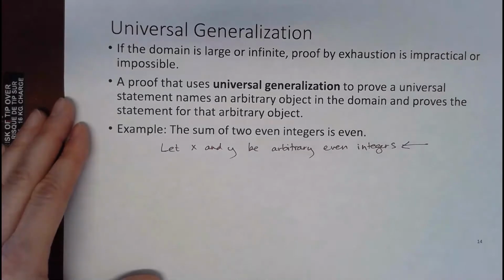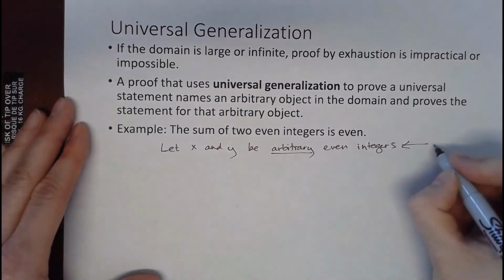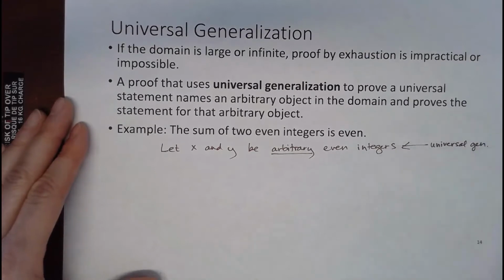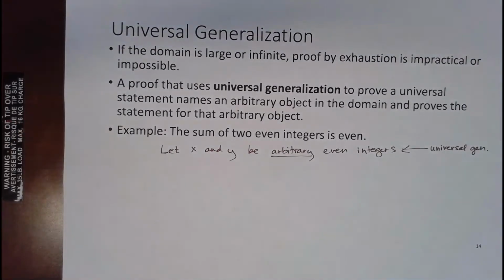When I say that they're arbitrary, this is my universal generalization. There's nothing special. It's not 2, it's not 8, it's not 16. They're just any even integers. And I'm not saying exactly which ones they are, so that whatever I say about them can be applied to every single even integer that exists.